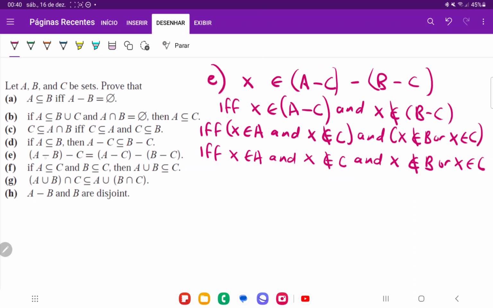We want A minus B minus C, right? So we're just going to rearrange this. So we're going to say if and only if X belongs to A and X does not belong to B, right? And so we've rearranged this, and I'm going to put a parenthesis around it. And so we have, and X does not belong to C or X belongs to C.